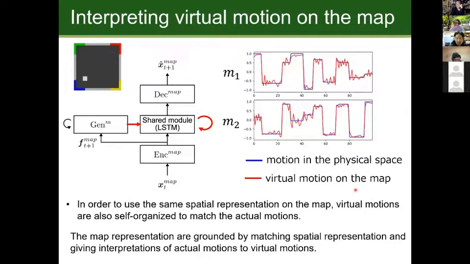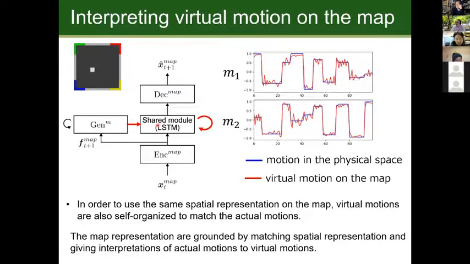So how can you construct this generator? Yeah, it's a bit complicated, but we give two consecutive visual images, at time t and time t+1, to the generator, and this generator understands how the agent moves, and then the result goes to the shared module.